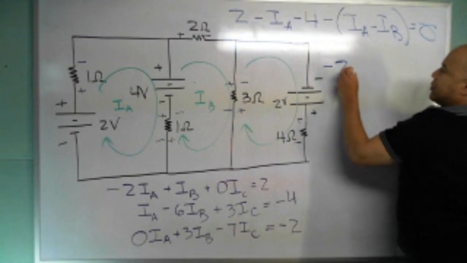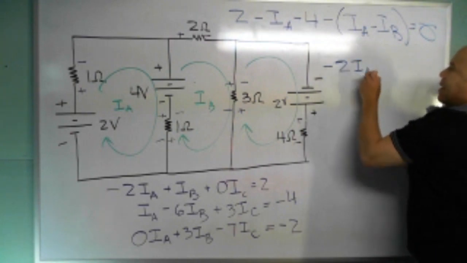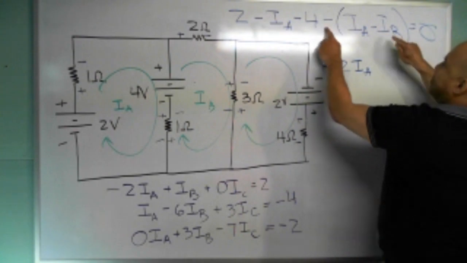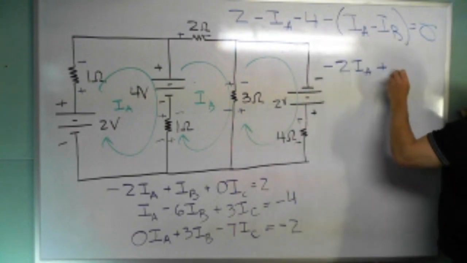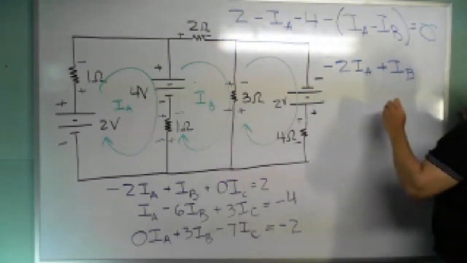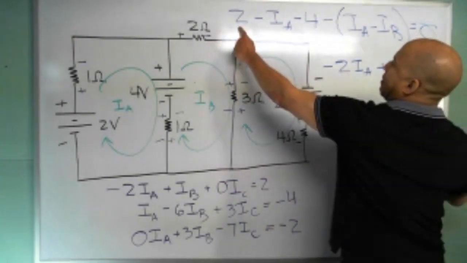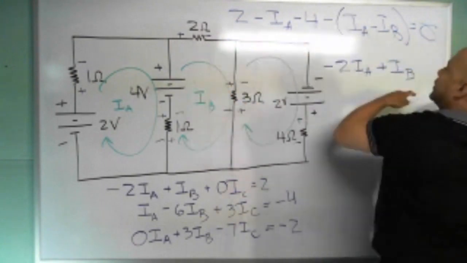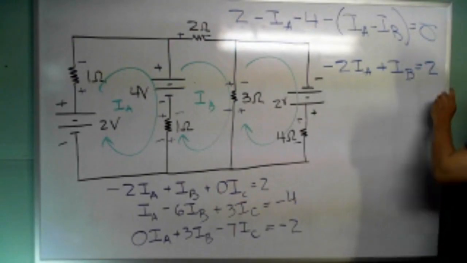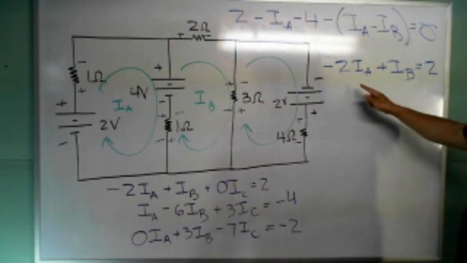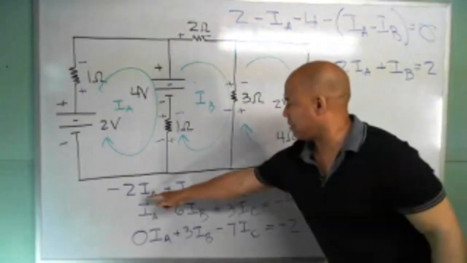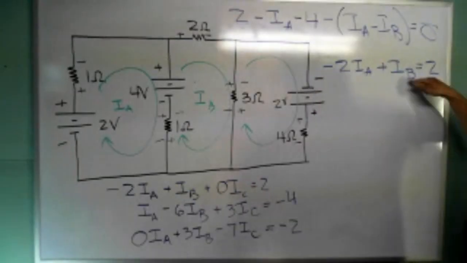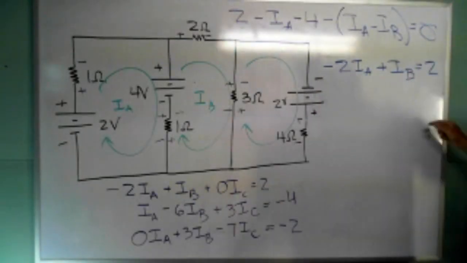That's minus 2IA. Minus times a minus is a plus IB. And then right here, I got a 2 and a negative 4. That gives me a negative 2. But when I move it to the other side, it gives me a positive 2. So I should have negative 2IA, plus IB. We had the placeholder for 0 and moved. So I'm getting the same thing.